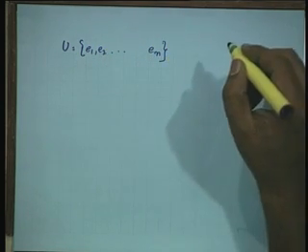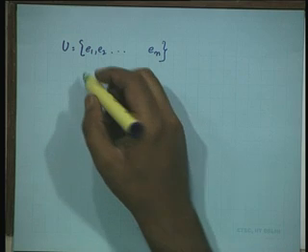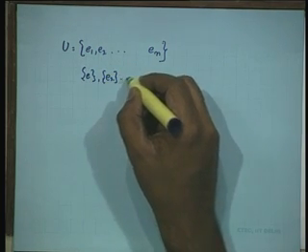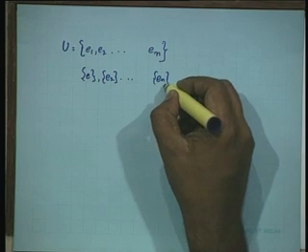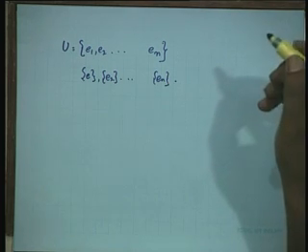Let us say these are n elements in my universe. Initially each of these elements is a set in itself.